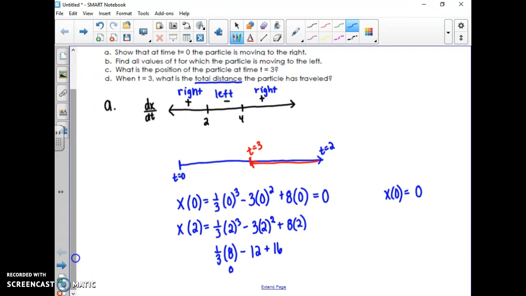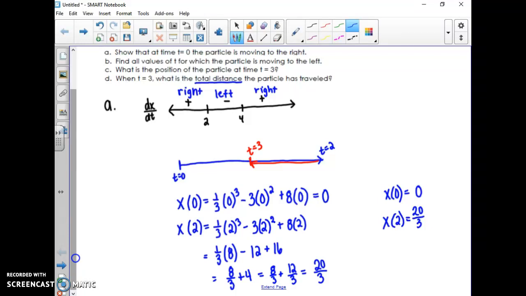So that gives us 8/3 plus 4, which is 8/3 plus 12/3, which is going to give us 20/3. So our position at t equals 2 is 20/3.